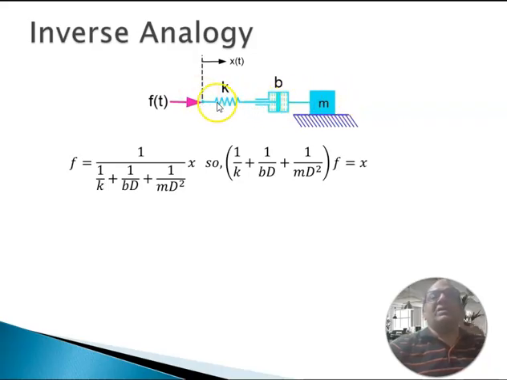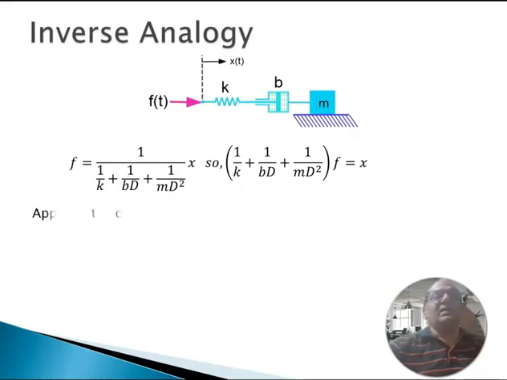Now recall that when elements are put in series, you find the net impedance of all these elements to be the reciprocal of the sum of the reciprocals. That is, the spring contributes 1 by K, then 1 by BD, plus 1 by MD square, the reciprocal of all these. So we take what is in the denominator onto the right hand side and write this whole thing acting on F is equal to X. X is the displacement.